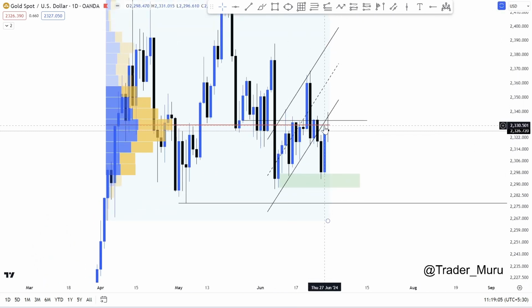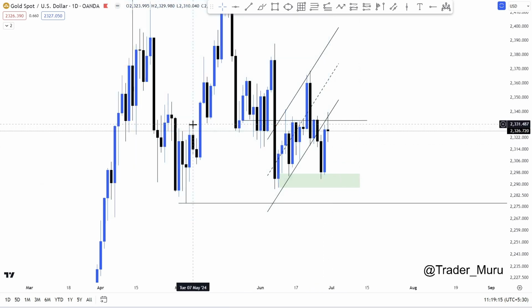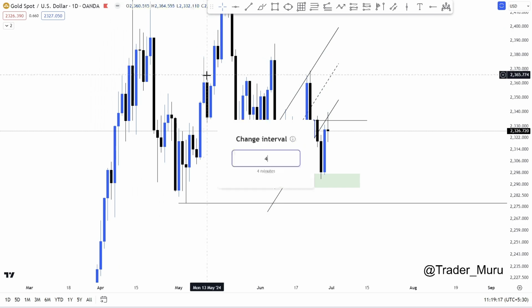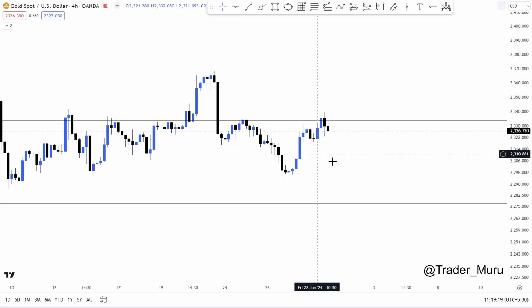Okay, so this is the area: weekly resistance, POC and retest. This is a bearish area right now which can push gold more downside. Okay guys, so let's get on the 4 hour again.